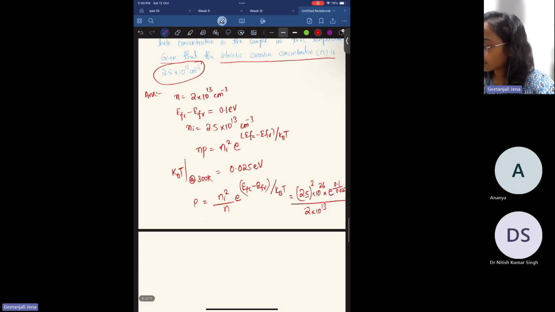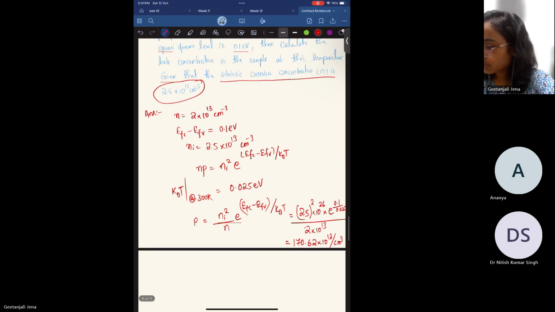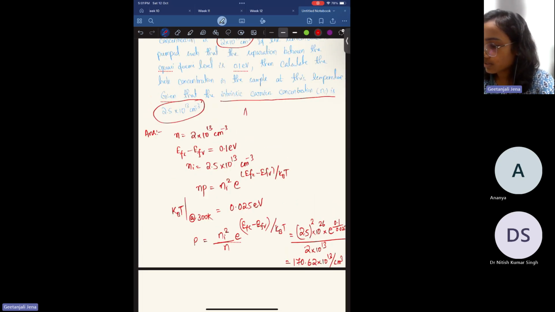If you calculate it, it will come around 170.62 into 10 to the 13 per centimeter cube. So this is the answer. The hole concentration P is 170.62 into 10 to the 13 per centimeter cube.